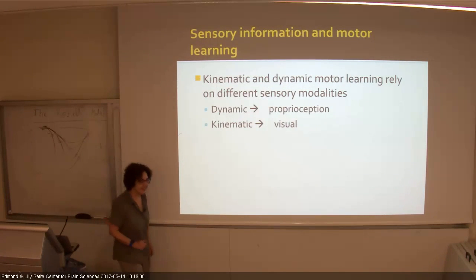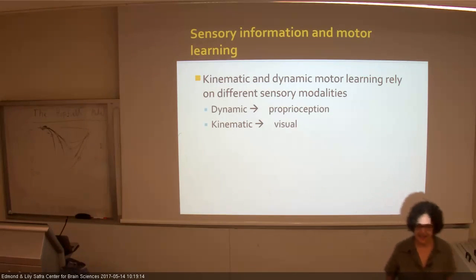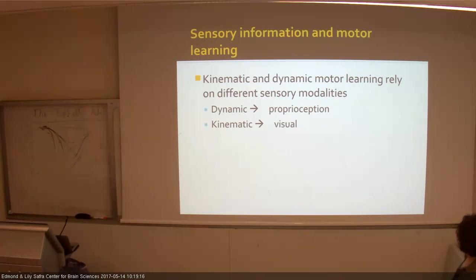So for the dynamic and the kinetic, is there any connection with the model you described before, about the forward and the inverse? It seems like the dynamic is the inverse, and the kinetic is the forward. I think both of them need to be adapted, because of the way you generate the command in itself.